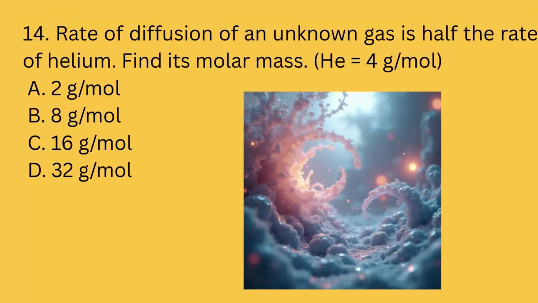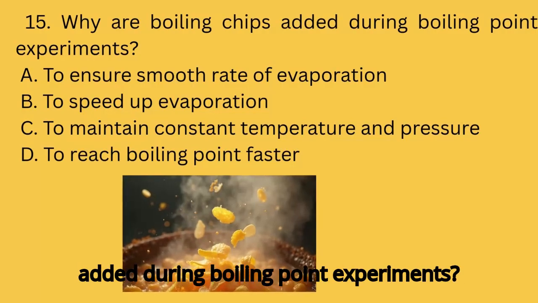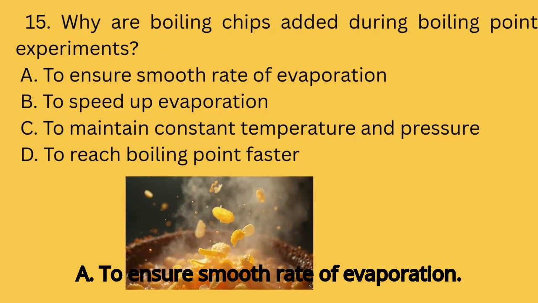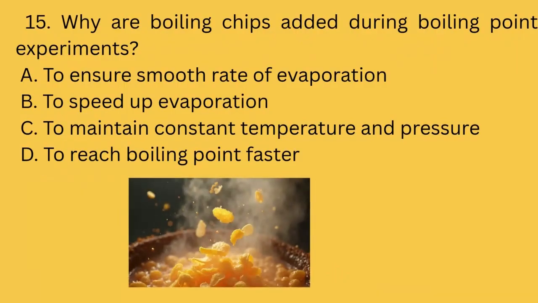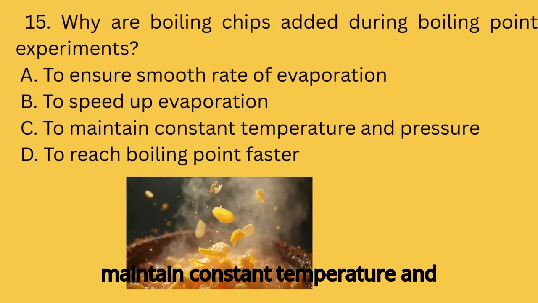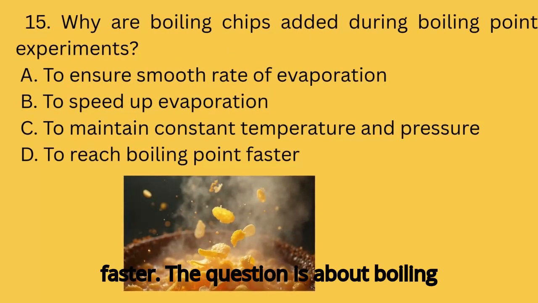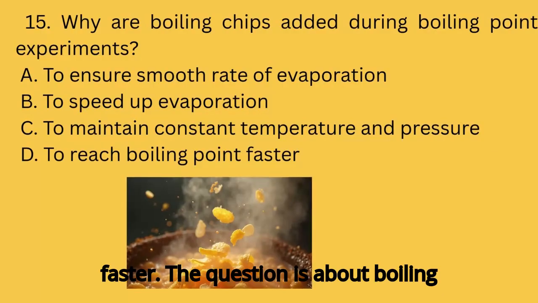16 g/mol. Question number 15. Why are boiling chips added during boiling point experiments? A. To ensure smooth rate of evaporation. B. To speed up evaporation. C. To maintain constant temperature and pressure. D. To reach boiling point faster. The question is about boiling chips.